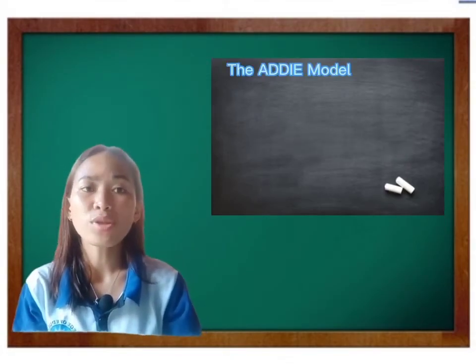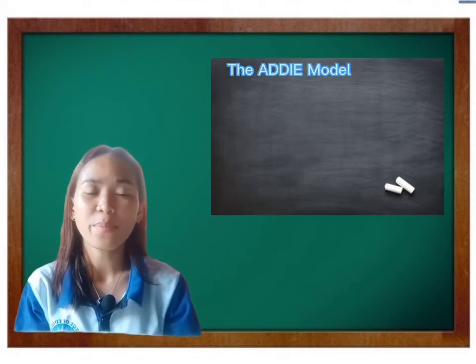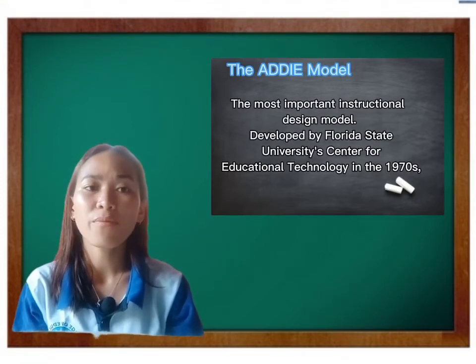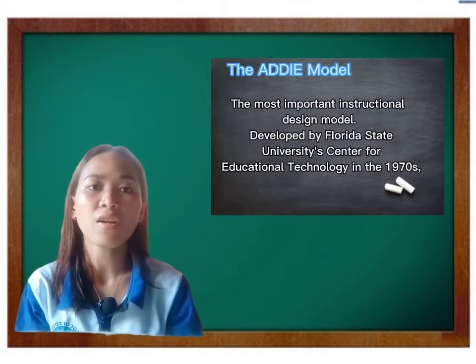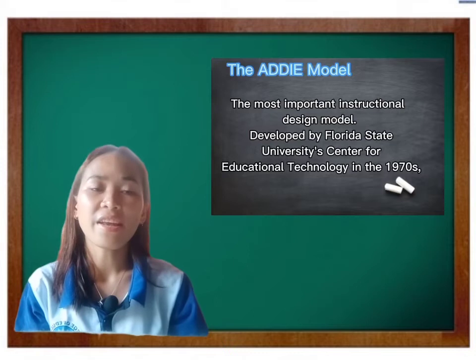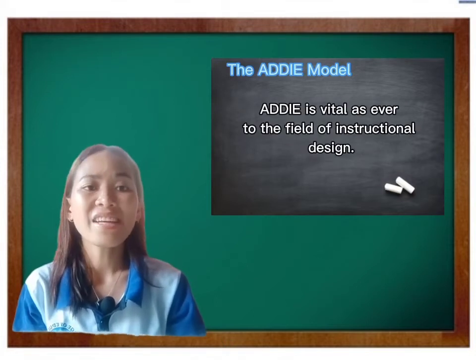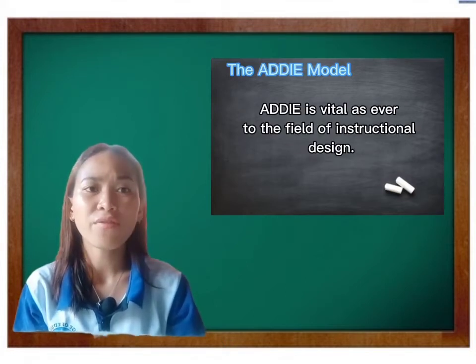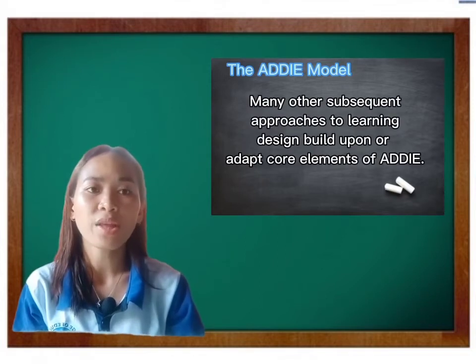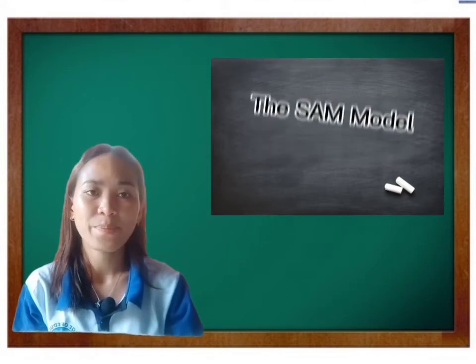ADDIE is the most important instructional design model, developed by the Florida State University Center for Educational Technology in the 1970s. ADDIE is as vital as ever to the field of instructional design. Many other subsequent approaches to learning design build upon or adapt core elements of ADDIE.